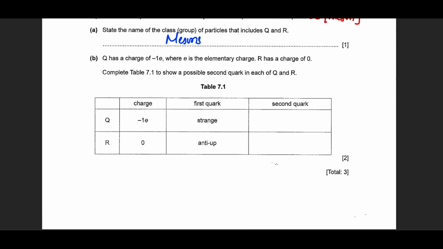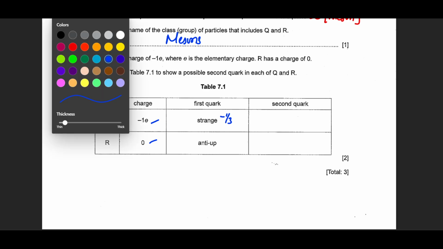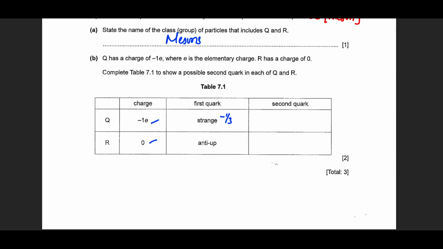Then he's going to ask you about Q and R. He says the charge is -1 and 0. He says that the first quark is strange. So the strange charge is -1/3. And the second has to be an anti-quark, or it has to be an anti-charge of this one. And to make a -1 charge, we need a charge of -2/3e, right? So if -1/3 and -2/3 are added together, they become -1e.